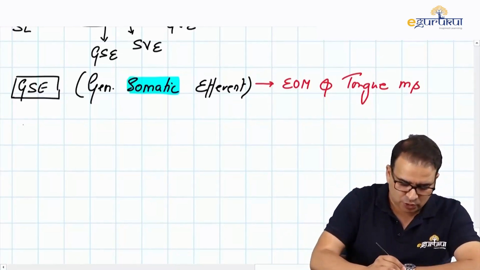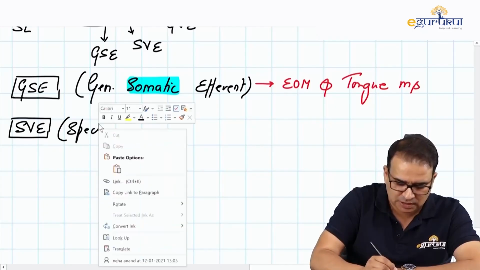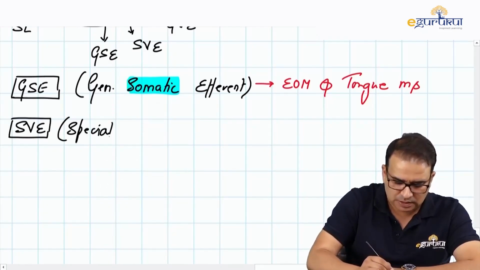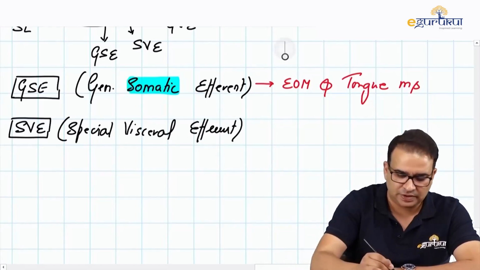The second column which we wrote, guys, is SVE. SV stands for special visceral efferent. Obviously, all of them are efferent, so that's special visceral efferent.